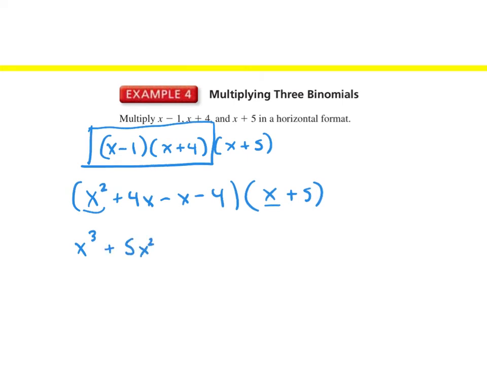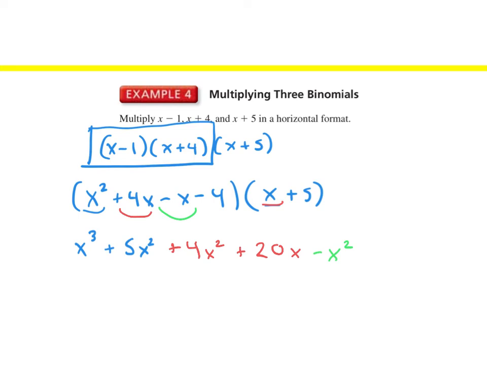Now we move on to our second. So we have 4x times x is 4x squared. 4x times 5 is 20x. Next we have negative x. So negative x times x would be negative x squared.